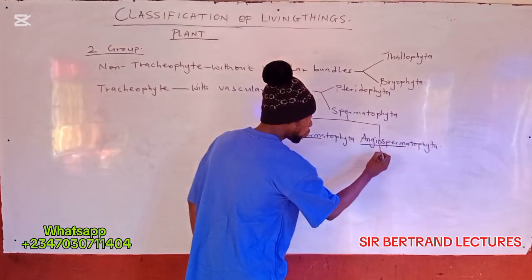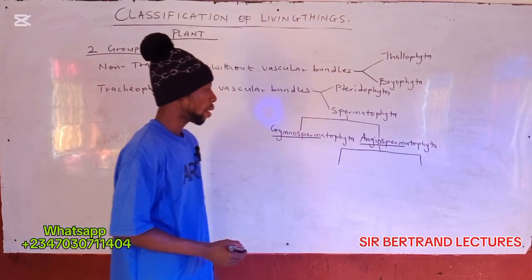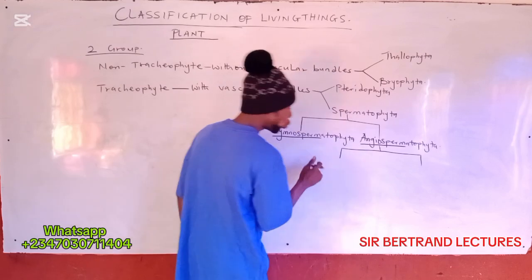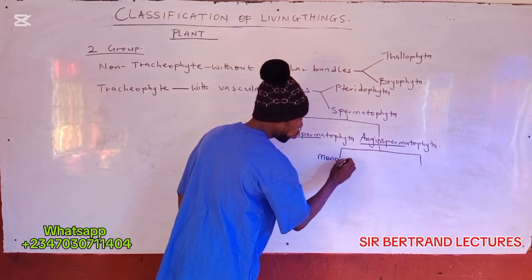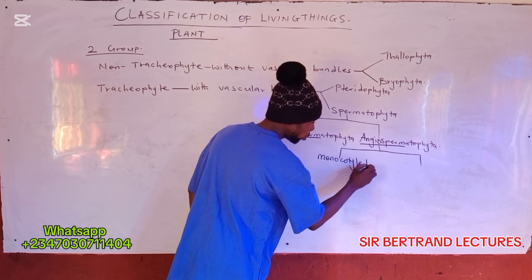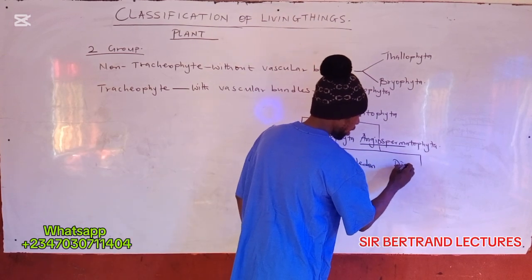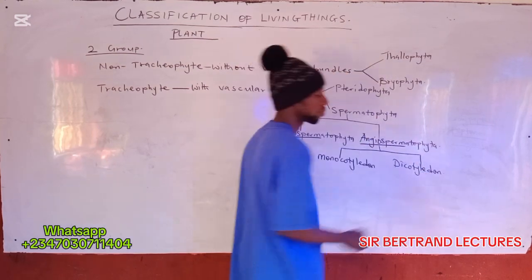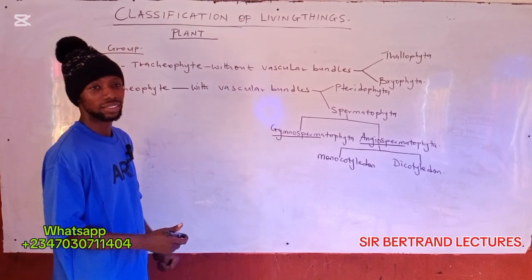The angiospermatophyta are categorized into two based on the number of cotyledons. Those with one cotyledon are known as monocotyledon, and those with two cotyledons are known as dicotyledon. These are the classifications of plants.